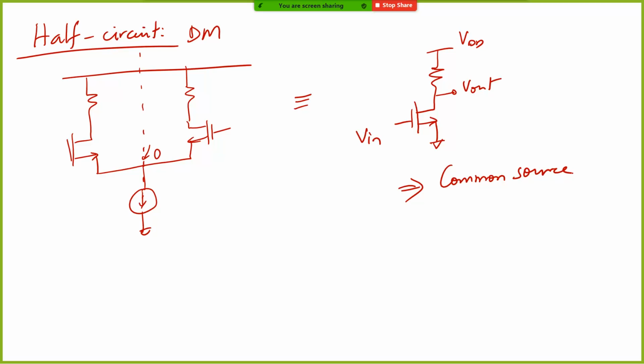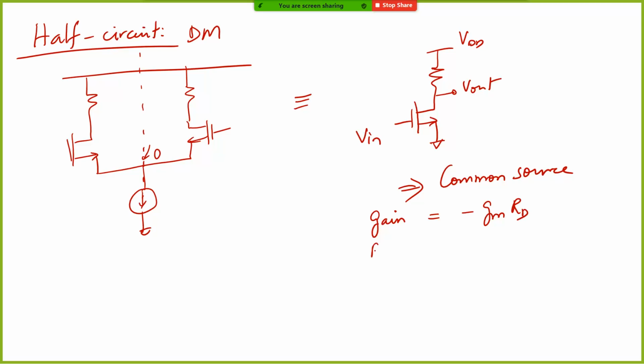Now all the different variants that we studied about common source amplifiers can be used here. All the analysis that we did for common source, both in terms of gain, what is the gain? It is nothing but minus GM times RD.